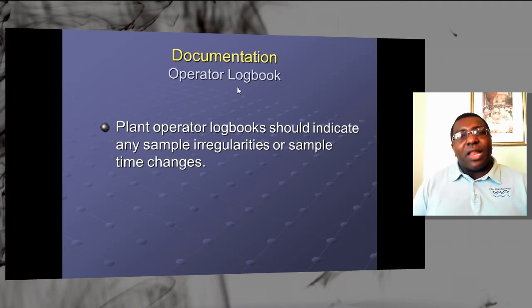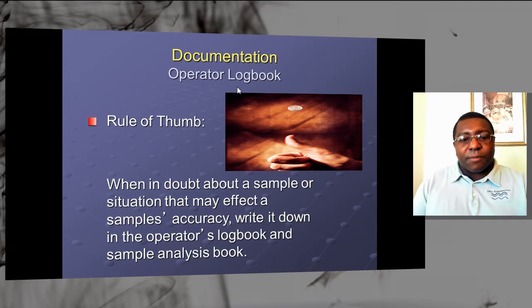And you write that into the logbook: 3 a.m. took total suspended solids from the air bay, and this is the operator who did it. That's how the operator logbook should look.